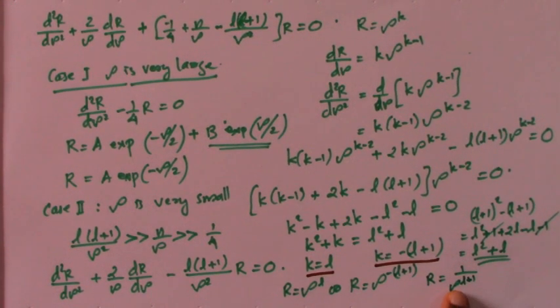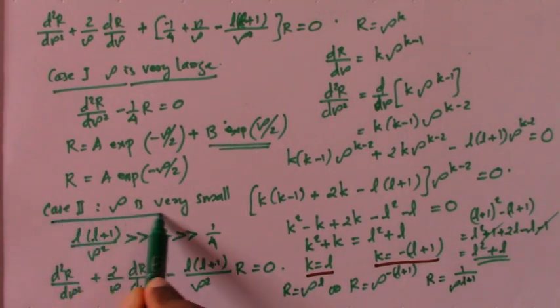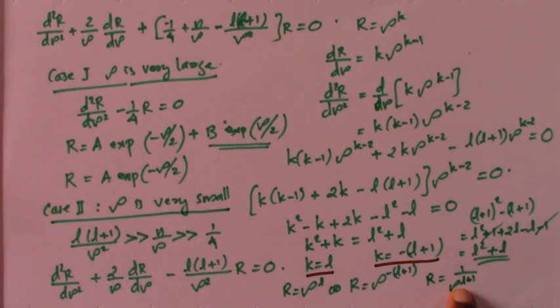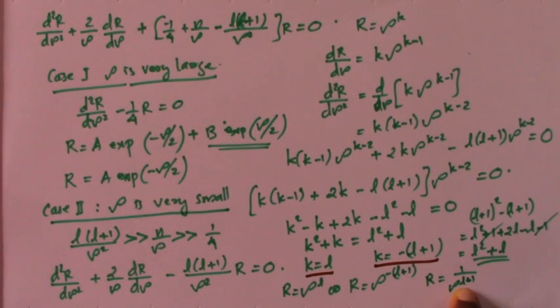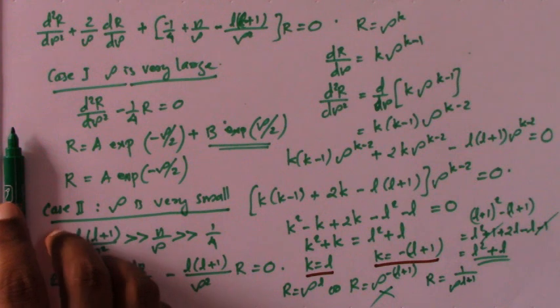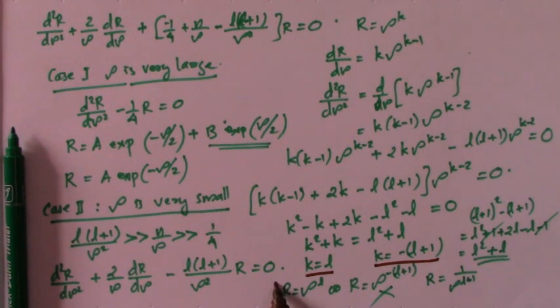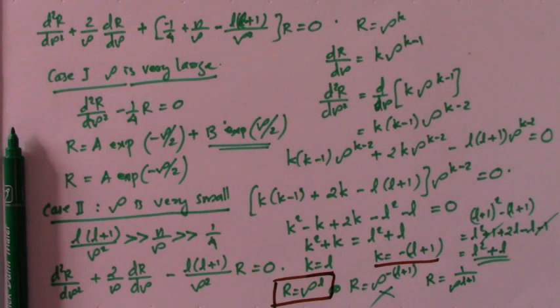And since in our case rho is very small, and since it is coming in the denominator, rho raised to L plus 1 is going to be very close to 0, and 1 divided by 0 is equal to infinity. So this solution is not quantum mechanically possible, and therefore our acceptable solution is R is equal to rho raised to L.